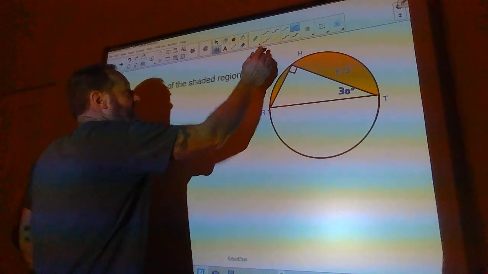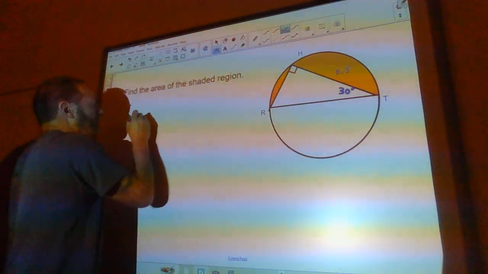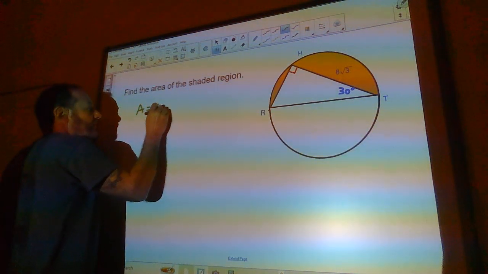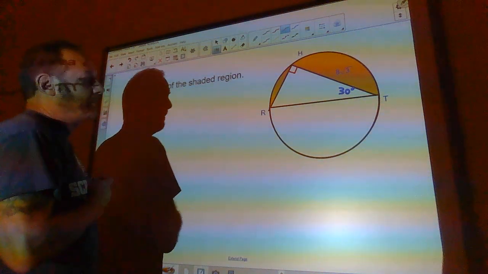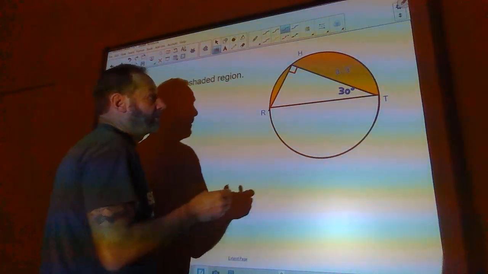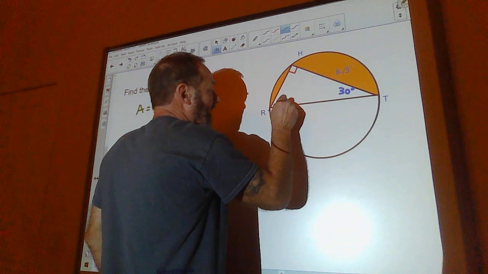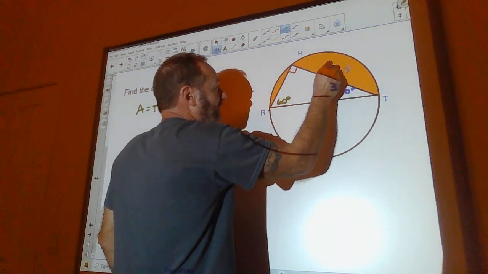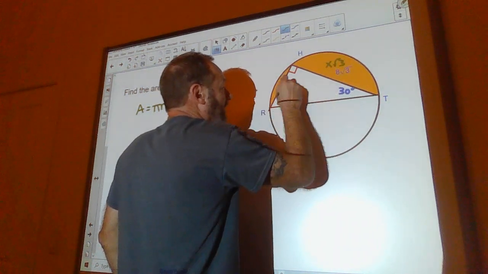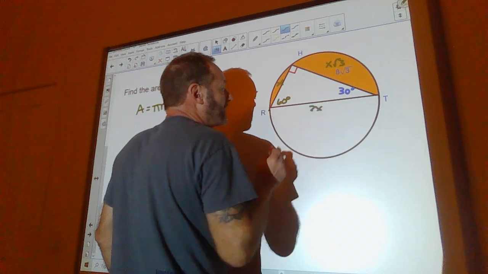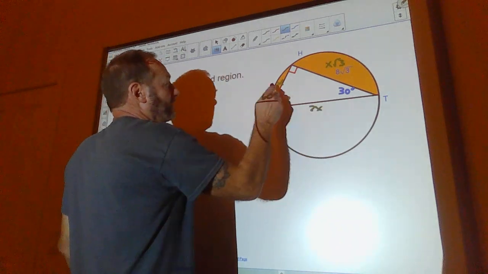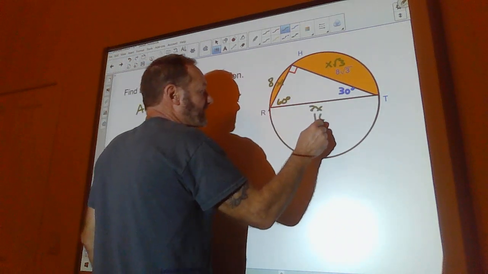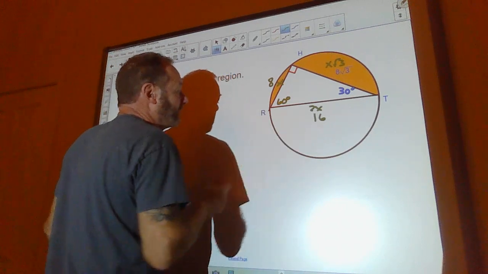So we're going to find the area of the entire circle. That's going to be pi times the radius squared. We've got to be able to calculate the radius. If this is a 30-60-90 right triangle, this has a ratio of x to x root 3 to 2x. So this would be 8, and this would be 16, which means the radius is going to be 8.